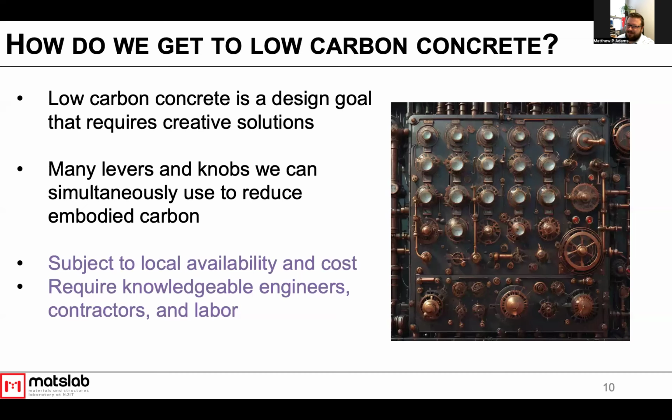It also requires knowledgeable engineers, contractors, and laborers, right? We know that not everything is going to get treated the same in terms of getting the knowledge out there. We've seen this in terms of the local issues with Portland limestone cement that we've had here in the US as we've rolled that out.